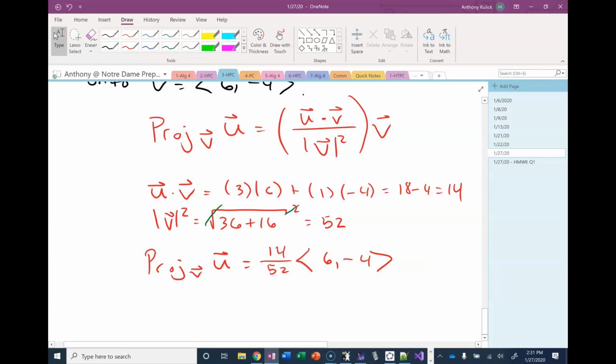So that projection vector is really just going to be 14 over 52 times 6 over negative 4. And when I do that scalar multiplication, I'm going to have to reduce some fractions here, but I get 21 over 13 and then negative 14 over 13.